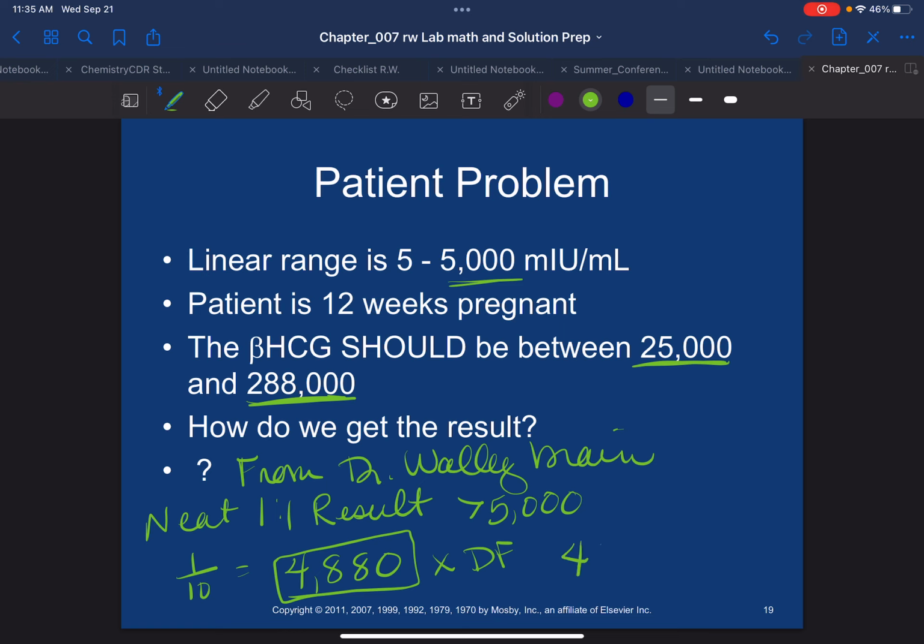So we would say 4,880 times 10. The patient result is 48,800 milli-international units per milliliter, because we did this dilution. Okay, and we will stop there, and we will be doing some more of this later.